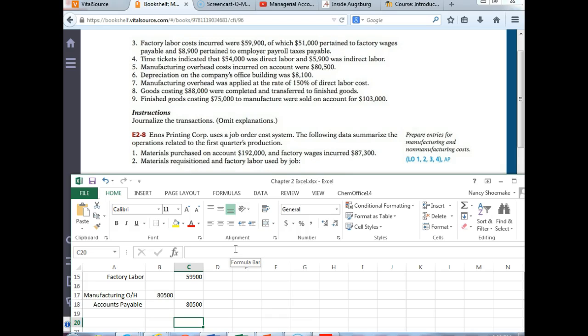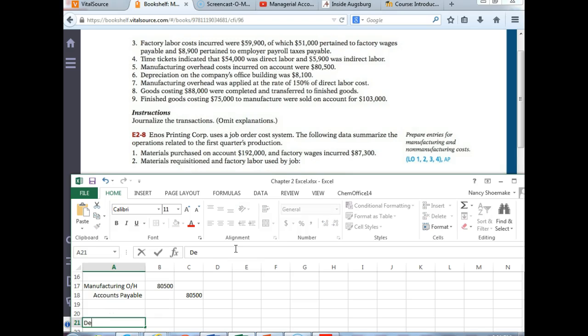Okay? So, our depreciation on the company's office building is $8,100. What is that going to be, guys? Is it factory? No. So it's not a product cost, it's a period cost, right?